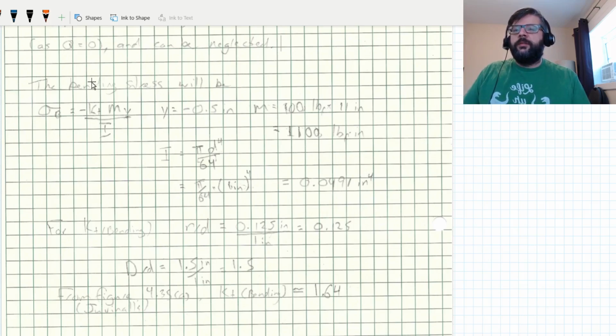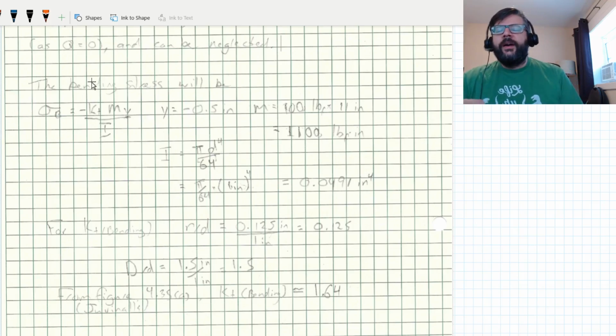And due to the fact that it's a brittle material, basically once it starts to crack, it's going to go. We can't have any localized yielding occurring like you can with a ductile material. Once it starts to break, it's breaking.